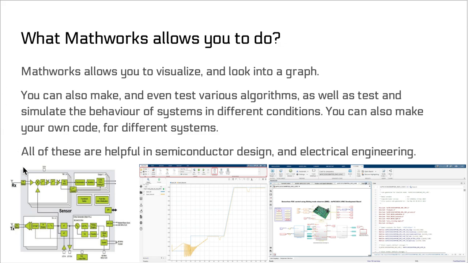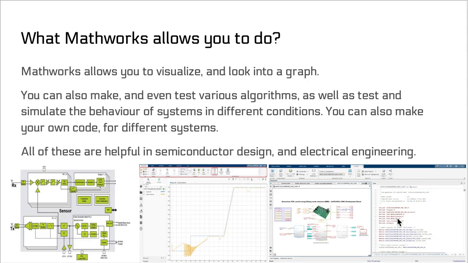Here in conclusion, all of these are helpful in semiconductor design and electrical engineering. And these are different images showing how MathWorks is used. This is an image showing the design of systems on a chip, SoC, and there's the code behind it.